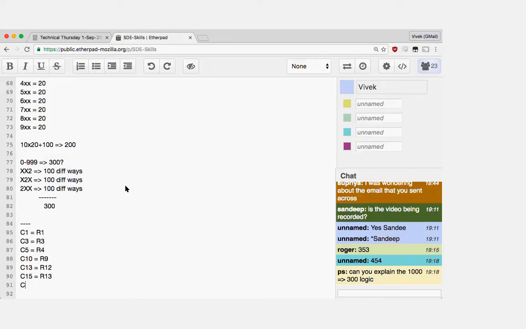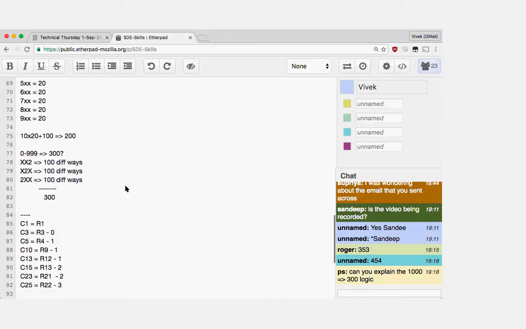So if you're looking at 23, it will be 21, 24 will be 22, 25 will be 22. Okay. Right. 25 is R22, which is actually minus 3.